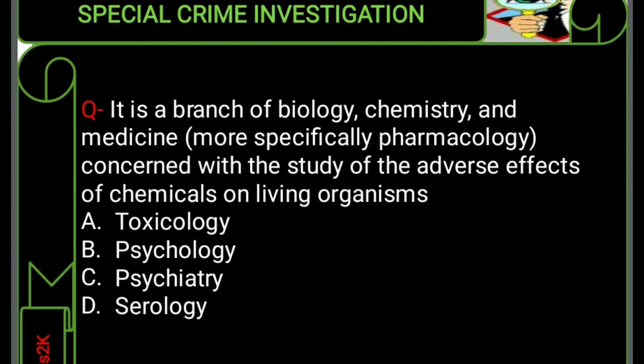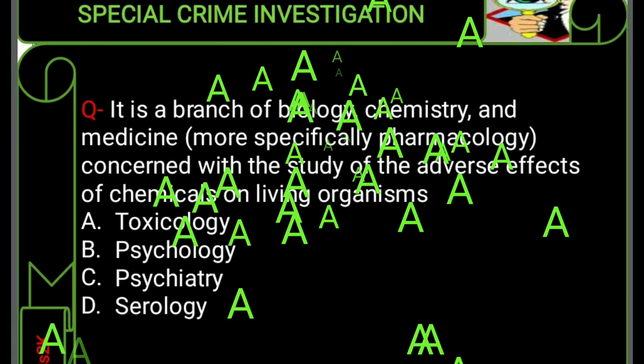So, the branch of science that is conducted to determine whether a certain person died because of a toxic material, or is suspected to have been poisoned, is toxicology.